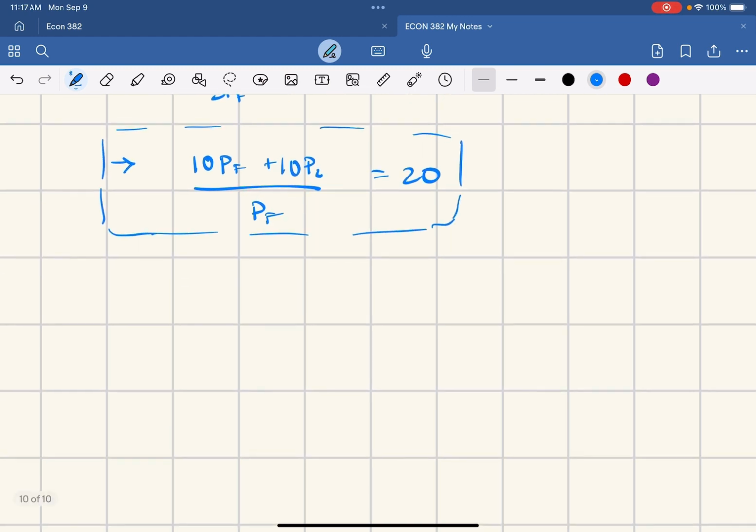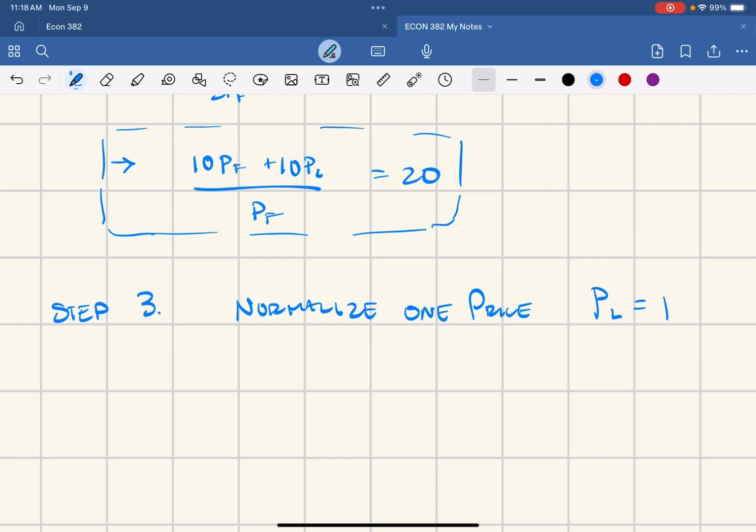Now we go to step 3, is we're going to normalize one of the prices. So we're going to normalize one price. And in this case, we're going to say, let's let the price of leaves be equal to 1.